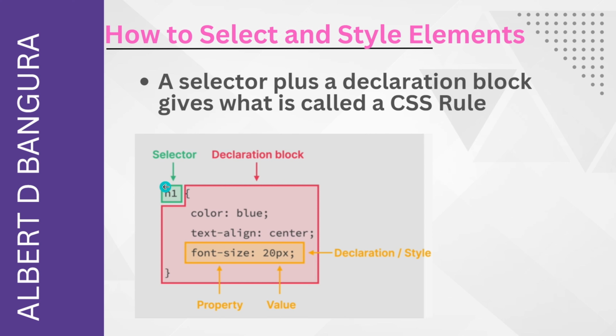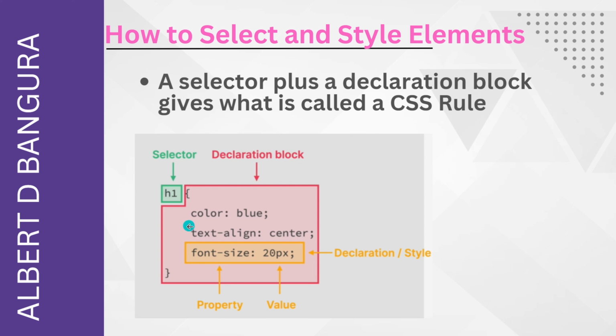There are a series of questions you may like to ask yourself. What element do I want to apply my CSS on? You answer that question, you get the element. The next question you should ask yourself: what property do I want to apply on that element?